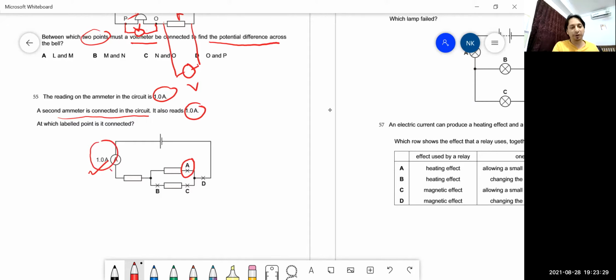Whatever current is coming, the same current should come out of the circuit, and that will be here. So it means I need to connect the ammeter at point D. The ammeter at point D will give you the same amount of current, 1 ampere, that is produced by the battery, and the same current will enter into the battery.